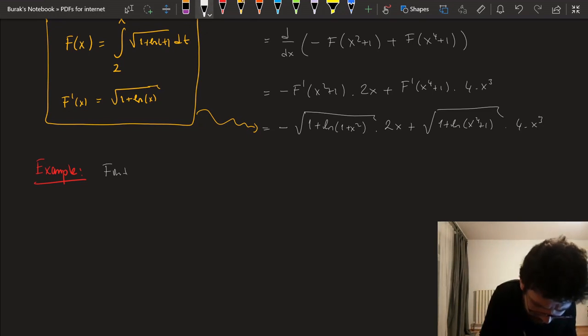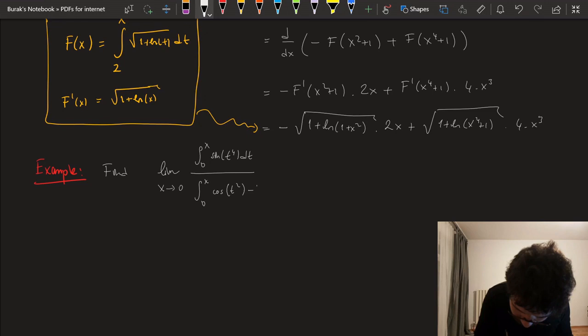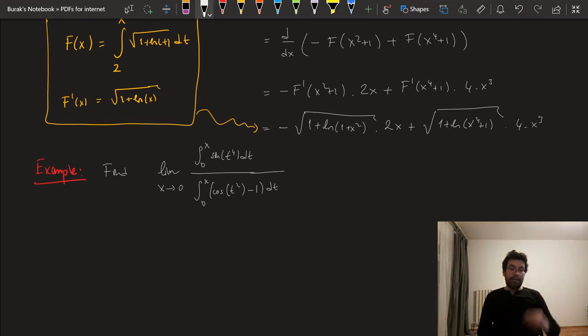Find the limit of this quotient. The numerator is the integral of sine t to the power 4 from 0 to x. The denominator is the integral of cosine t squared minus 1 from 0 to x.